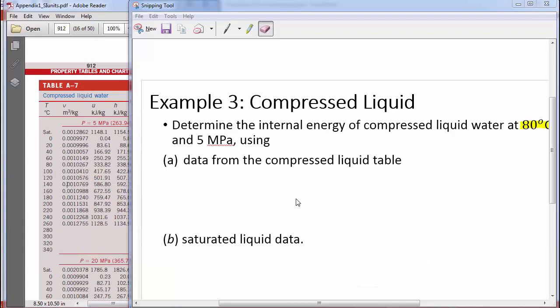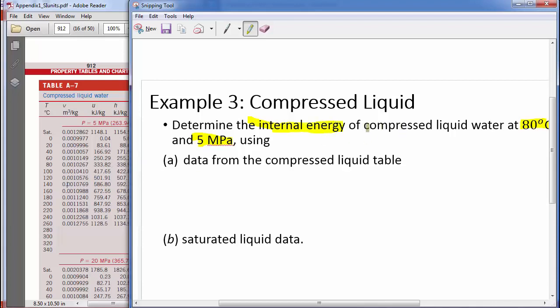Now let us proceed to example 3. In this case, the state of your substance is assumed to be a compressed liquid. So let's define the state first. You are given the water at such temperature and such pressure, and you are looking for the internal energy.